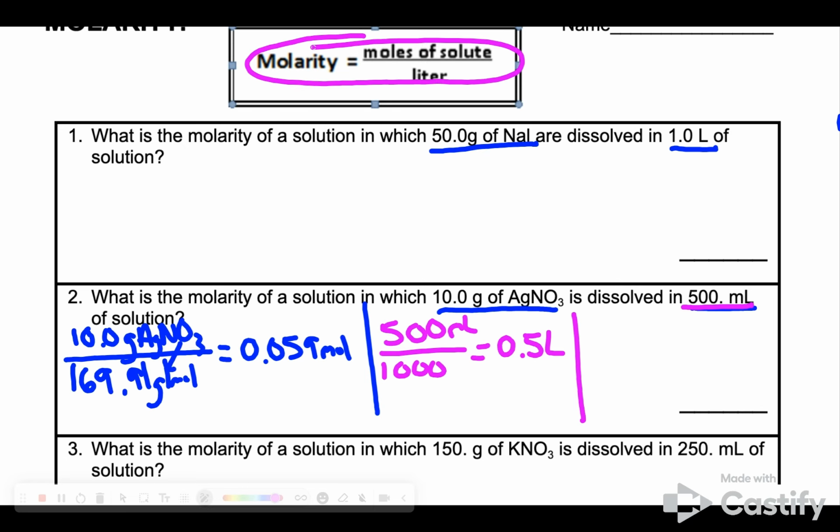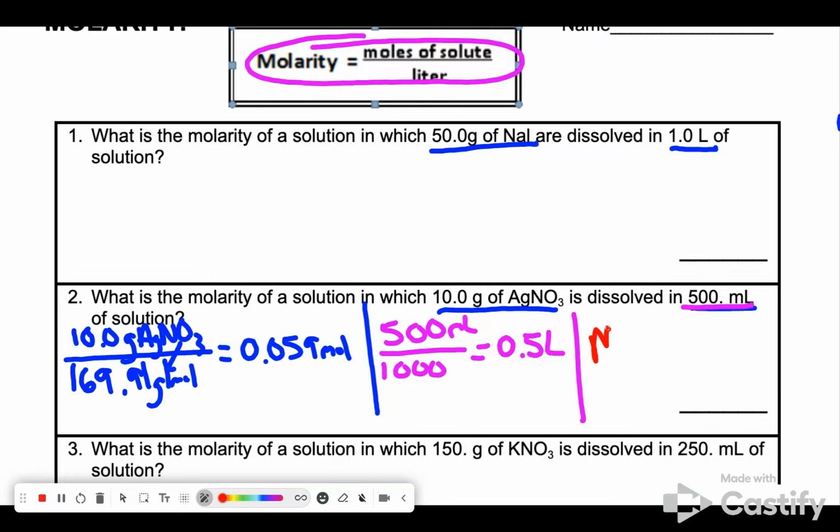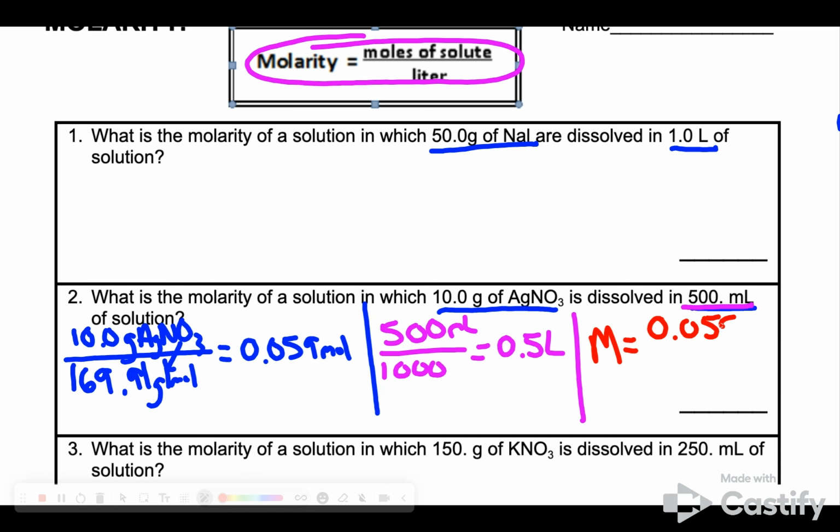So now I can plug this in. So I'm going to have capital M is equal to 0.059 moles divided by the 0.5 liters. So when I plug this into my calculator, I end up with an answer of 0.12 molar.